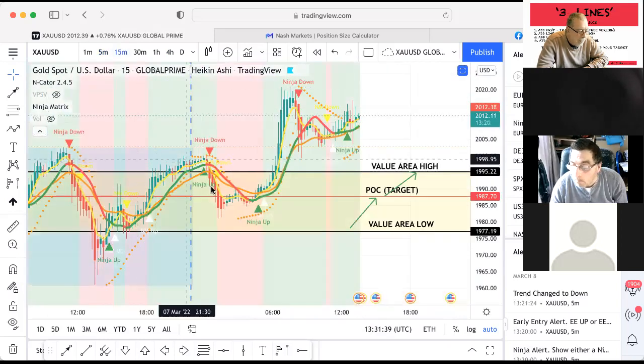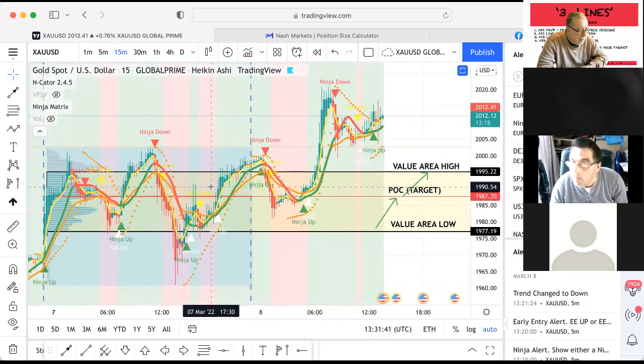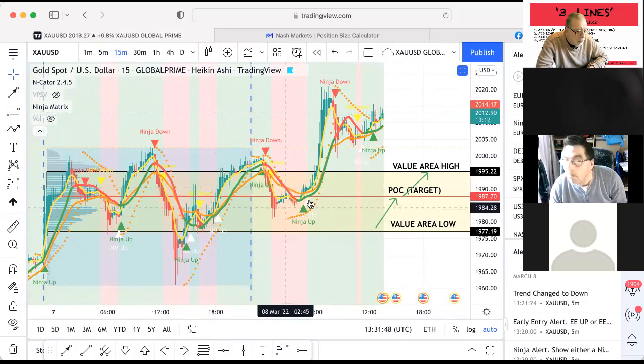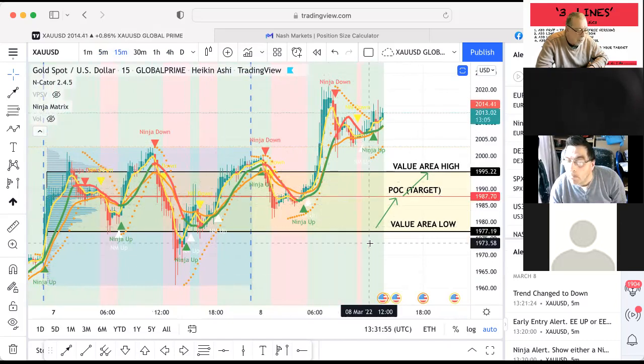But Anastasia actually works away from the point of control. She uses the point of control to enter trades either away in that direction or away in that direction.